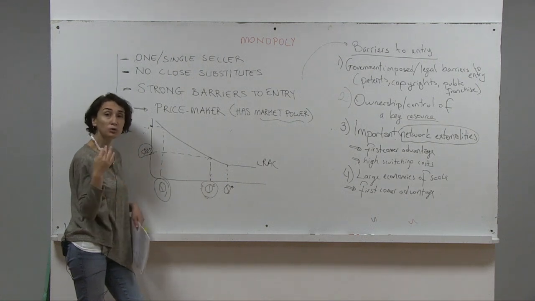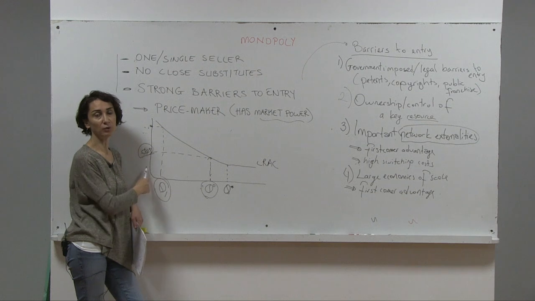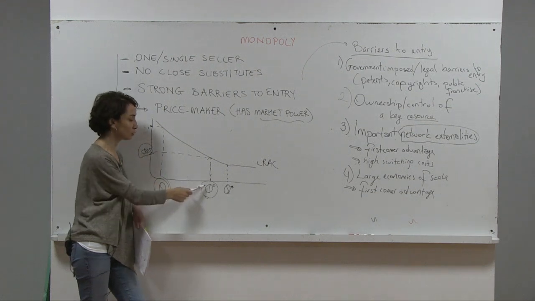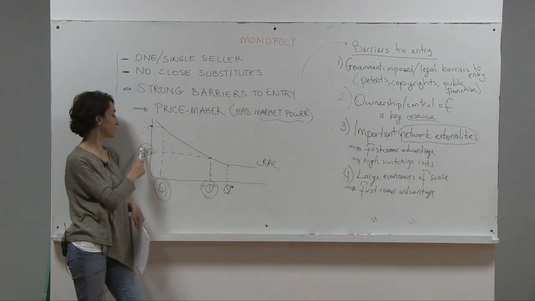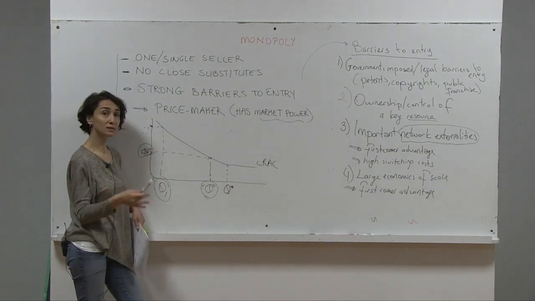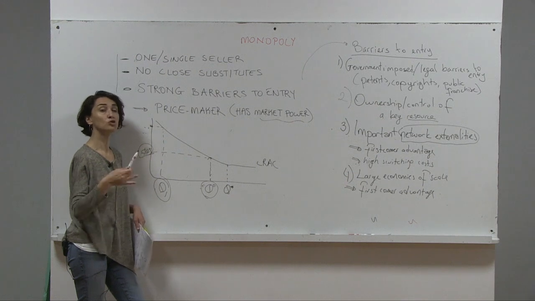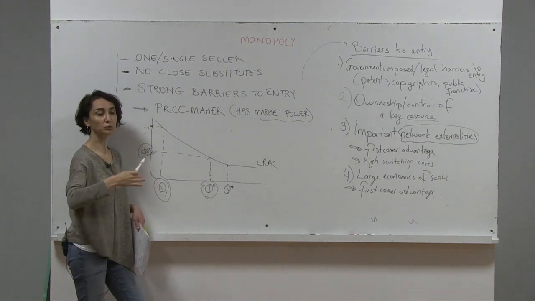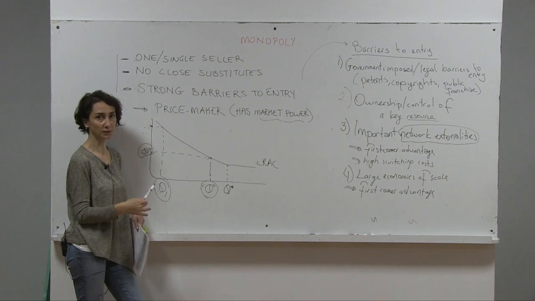So you can produce at a lower cost than a firm that comes after you. If you can produce at a lower cost, once these firms enter, you can easily reduce your price to push them out of the market, right?